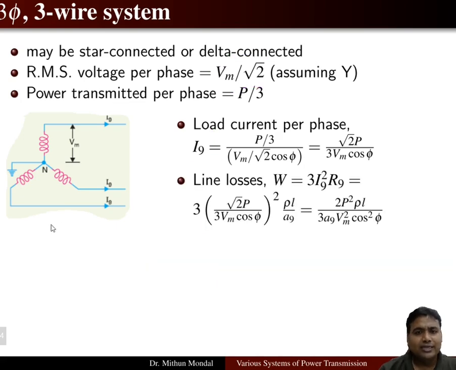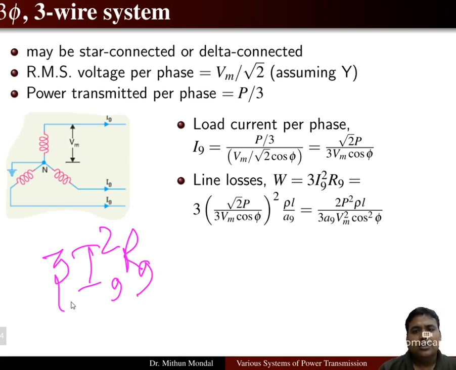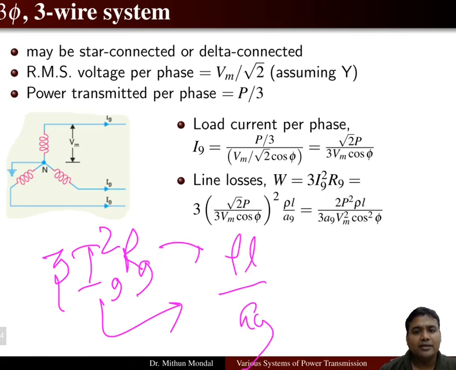Then you will determine the losses. Loss is I square R. We are in the 9th case, so put 9, and there are 3 conductors, so 3. Substitute the value of the current I9 and the resistance, which is rho L by A9. So you get the line loss equation.